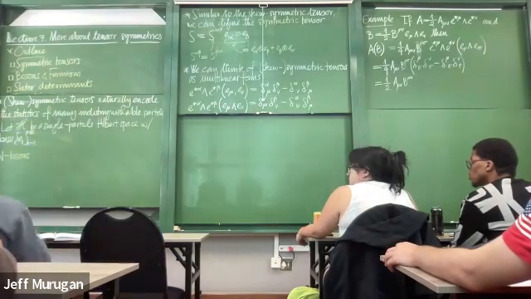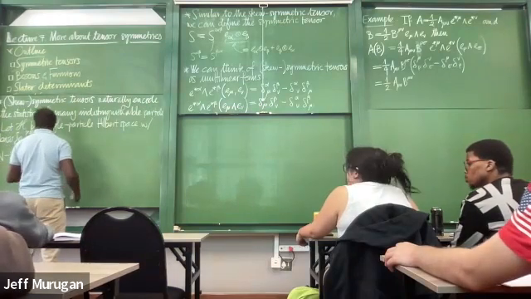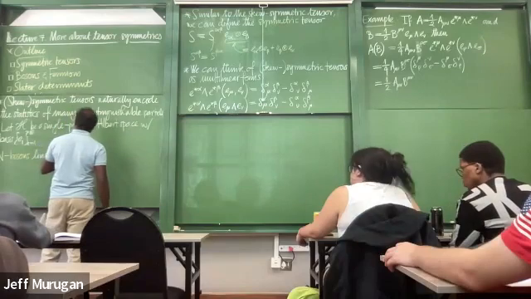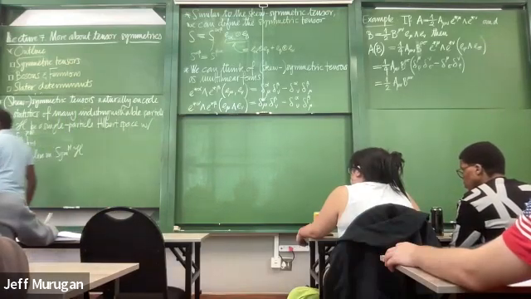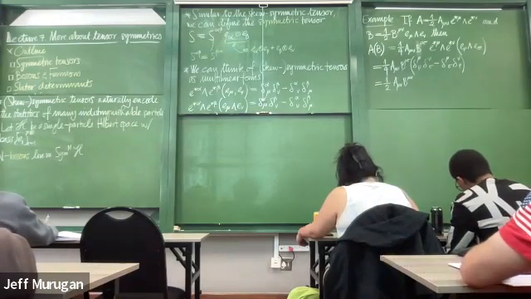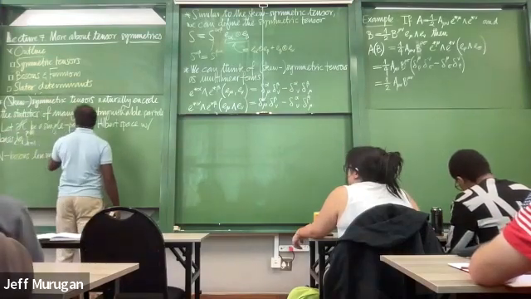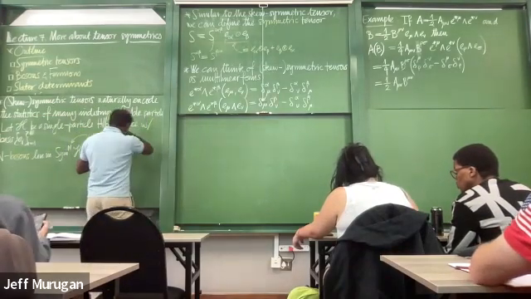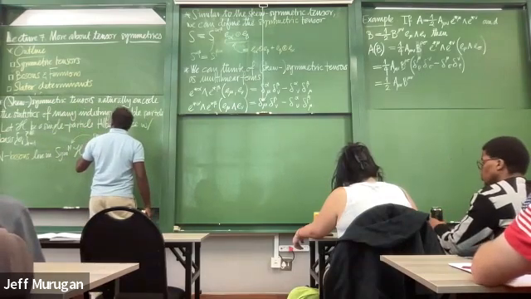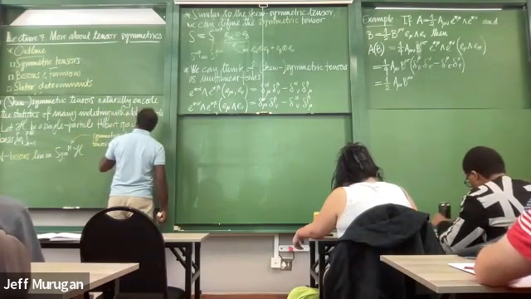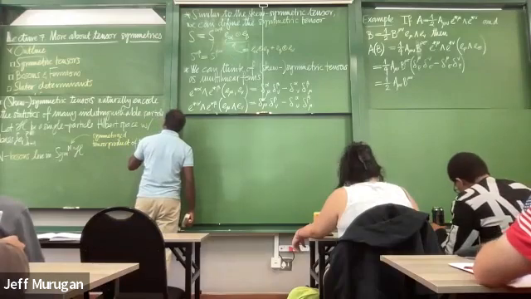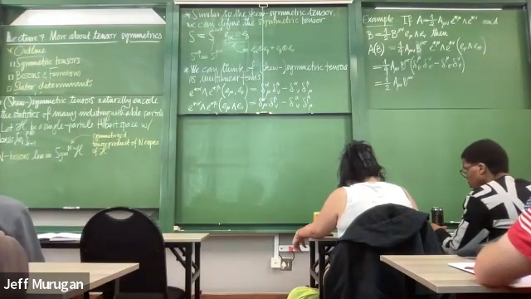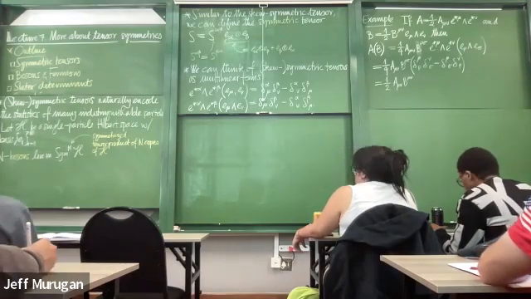So n bosons live in Sym^n of H. This is the symmetrized tensor product of n copies of H. So we always denote it like this. This is the symmetrized version of the wedge tensor product of X.